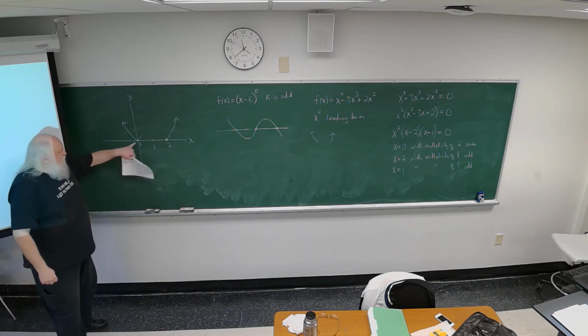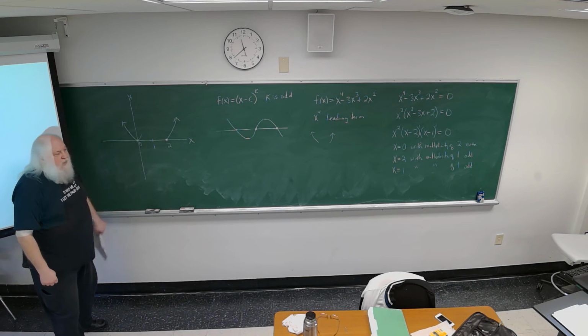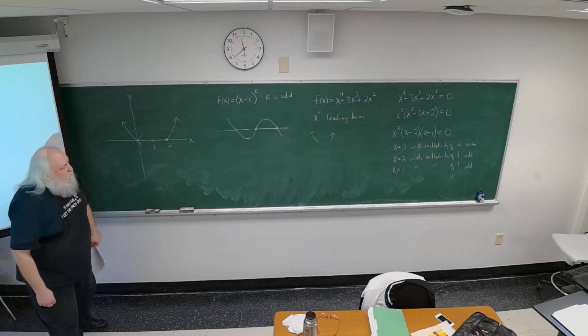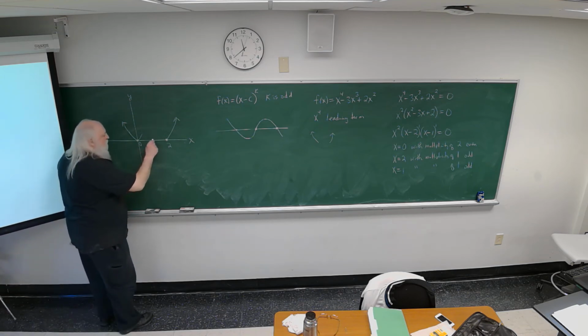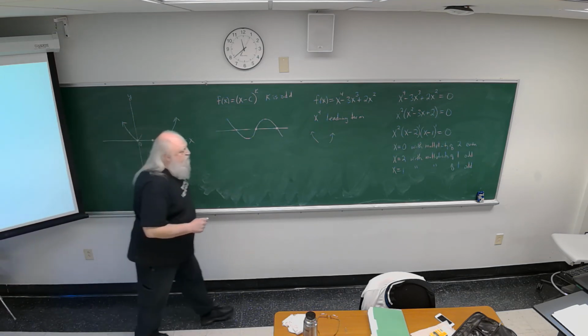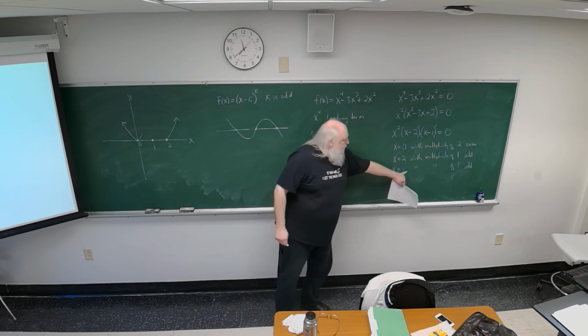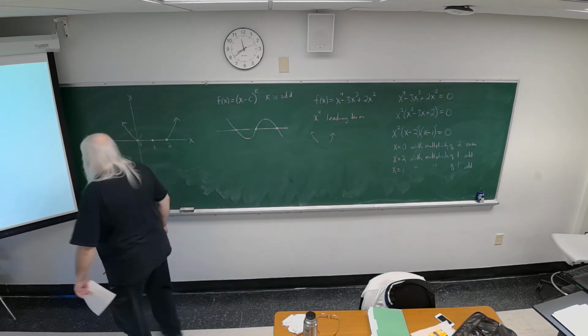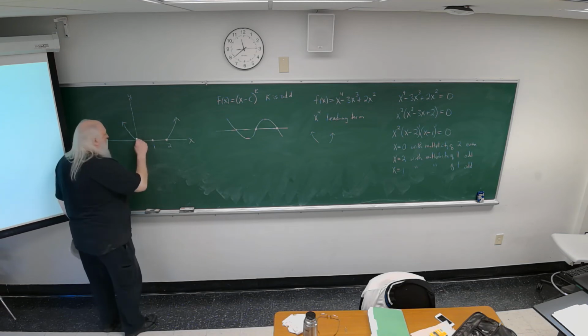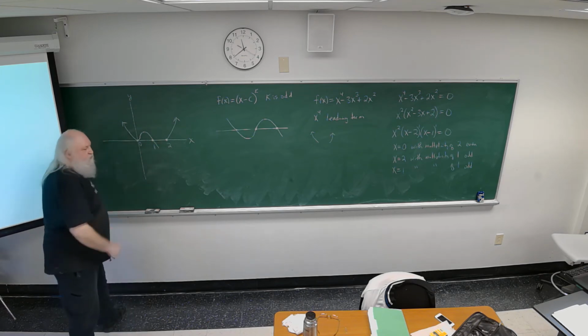The multiplicity is even, so the graph touches the x-axis and goes back up. Now we have an x-intercept at x equals 1, and because the multiplicity is odd, the graph is going to cross the x-axis at x equals 1. So it comes up, forms a turning point, and then comes down and crosses the x-axis.